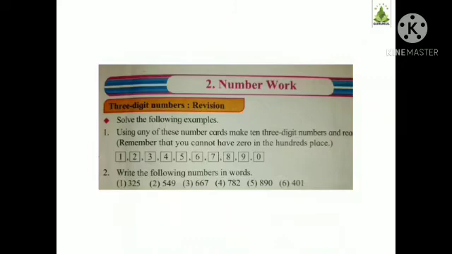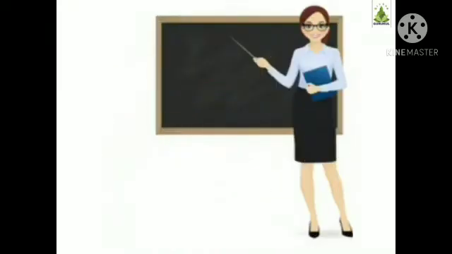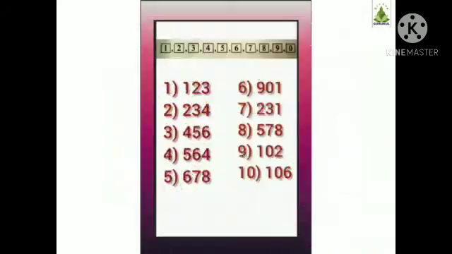Very good. Dear kids, remember, while making a 3-digit number, do not take 0 at the hundreds place. If you take 0 at the hundreds place, it will be considered a 2-digit number. You can make 3-digit numbers by using these number cards.